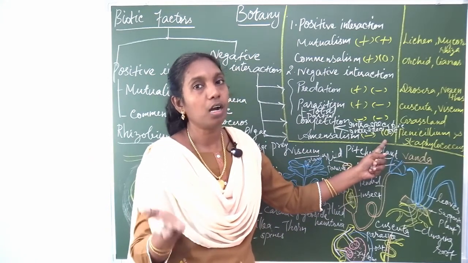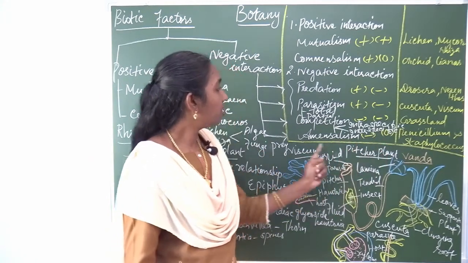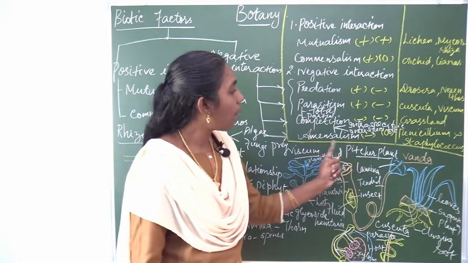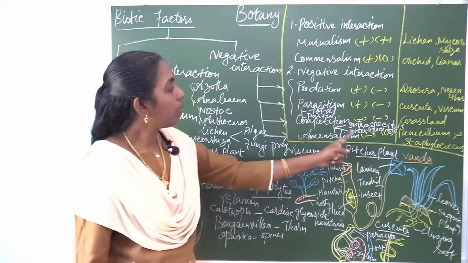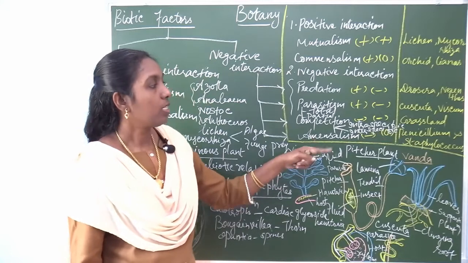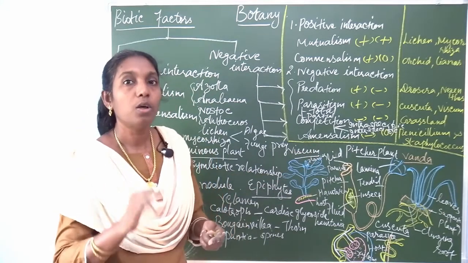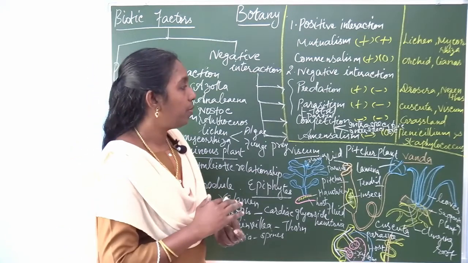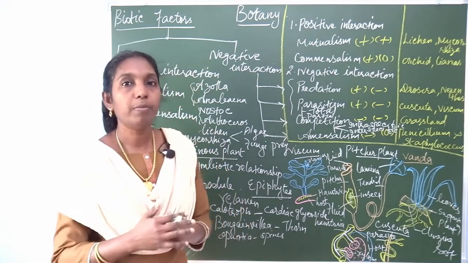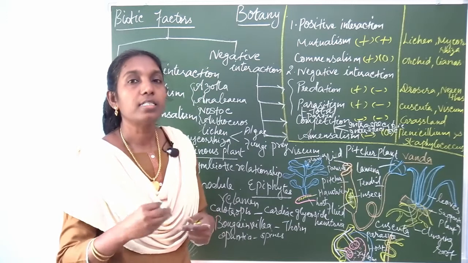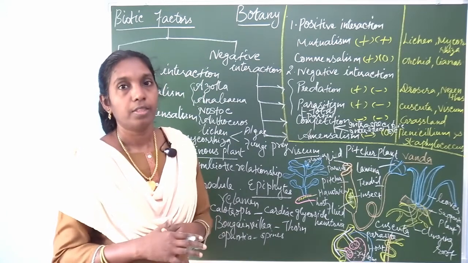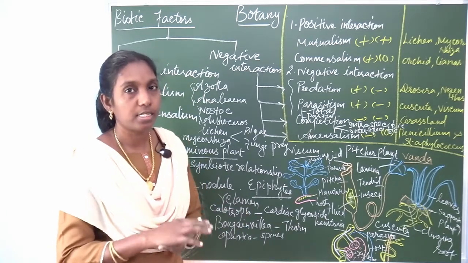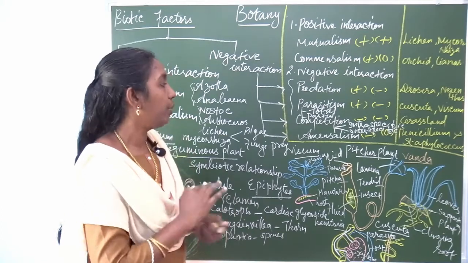That type of relationship is called amensalism. There are a few examples. The organism which inhibits does so by certain allelopathic secretions.